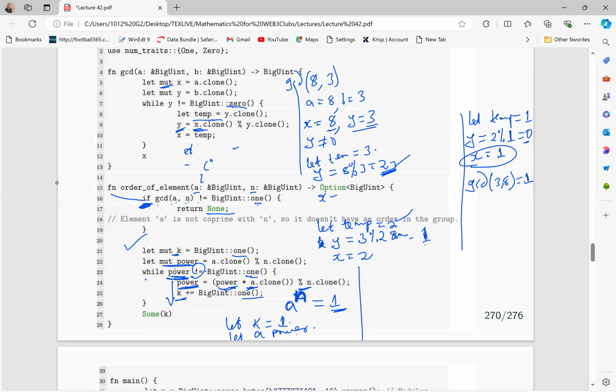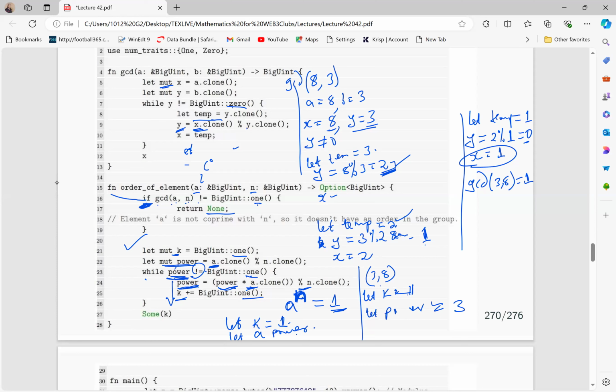Let me just show you one thing. Suppose we have 3 and 8, and we want to find the order of 3. So we let K be 1, and let the power be A, which is 3.